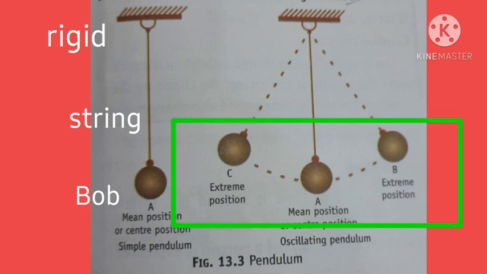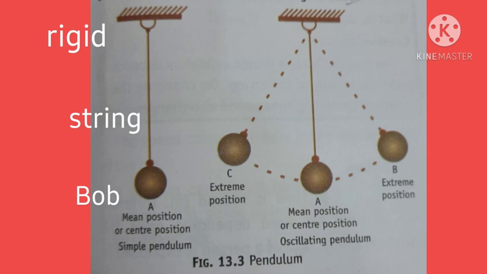The time taken for one to and fro movement, from A to B, B to A, and A to C, again C to A, is always the same as long as the length of the string is not changed and there is no resistance of the air around. One complete to and fro motion is called one oscillation. The time taken by the pendulum to complete one oscillation is called its time period.